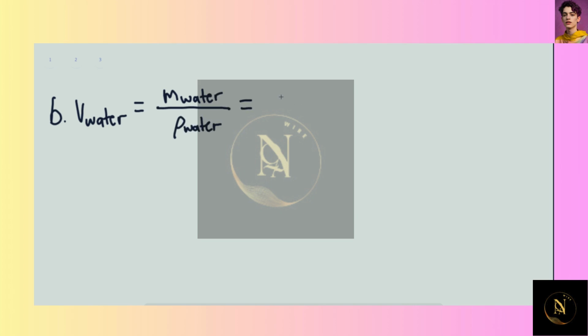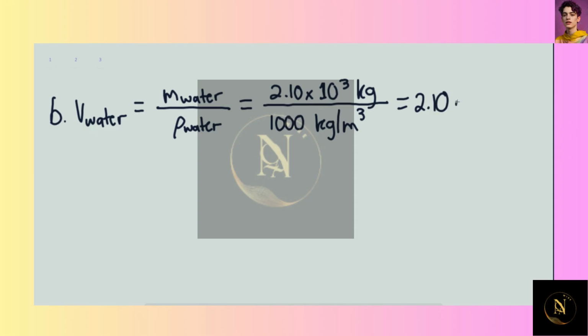And this would be equaling what we had just found, 2.10 times 10 to the 3rd kilograms divided by 1,000 kilograms per cubic meter. And this is giving us 2.10 cubic meters. This fraction then is of the total interior volume.